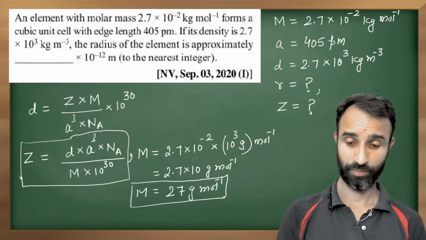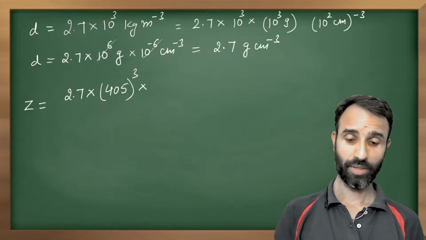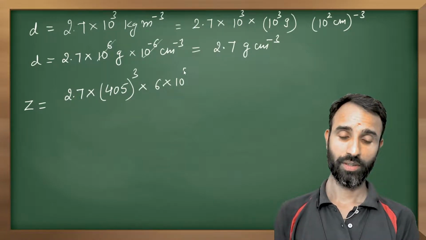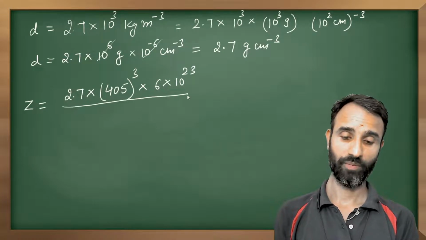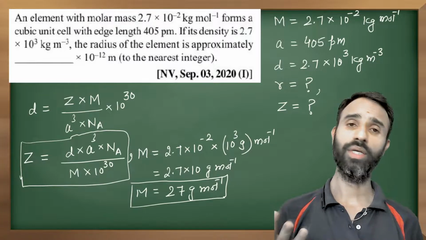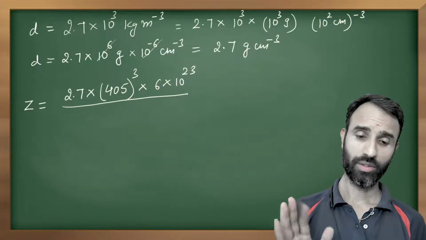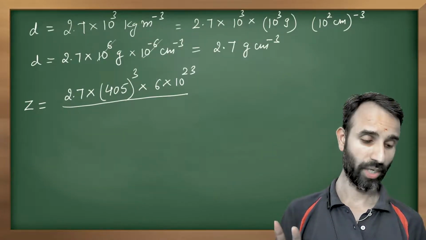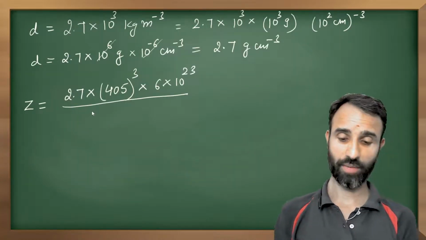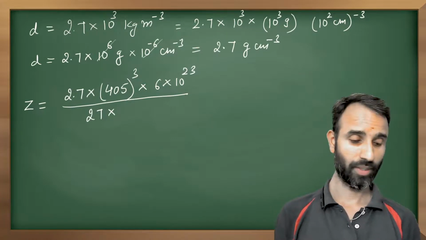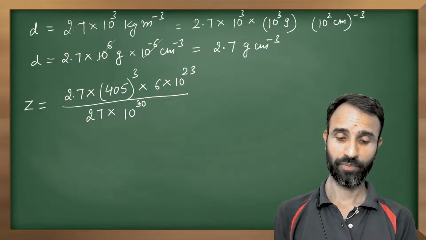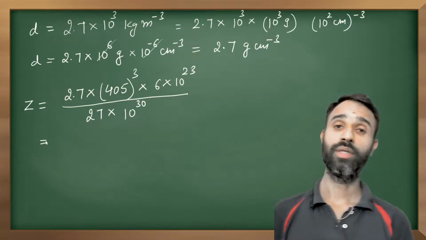Then Na. Na is 6 into 10 raised to 23. Avogadro's number is not given, but we write it in integer form. So it is 6 into 10 raised to 23, and then capital M, it should be 27 into 10 raised to 30. So these are the values.